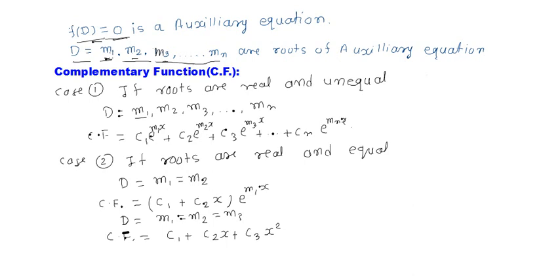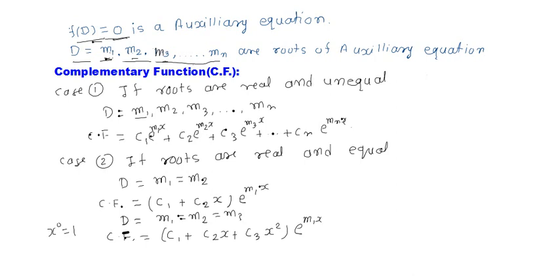Always remember here 1 is nothing but x raised to power 0, and x raised to power 0 value is 1. Now take a bracket and write e raised to the roots, but these three roots are equal, so you can write e raised to m1, m2 or m3 times x.